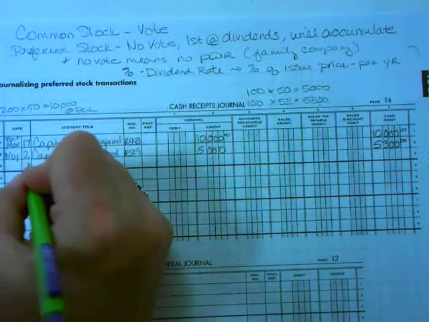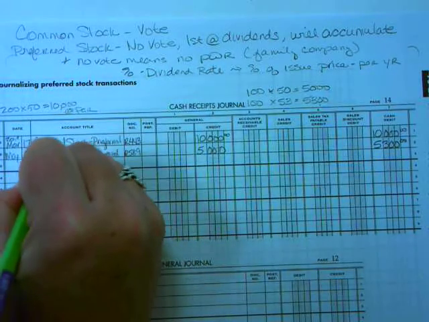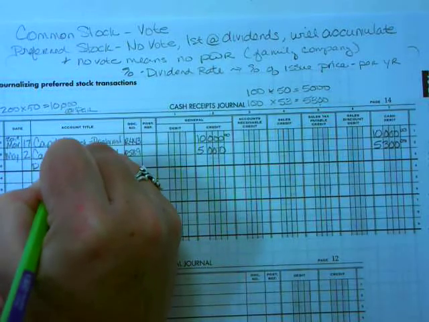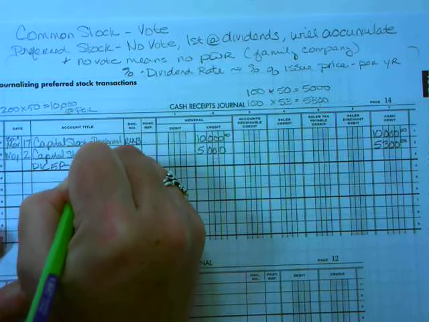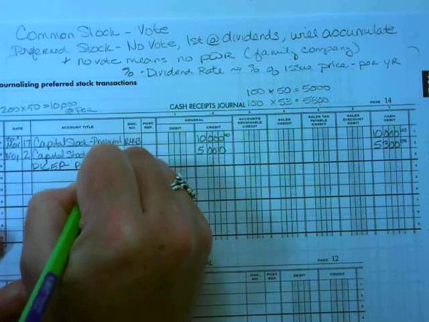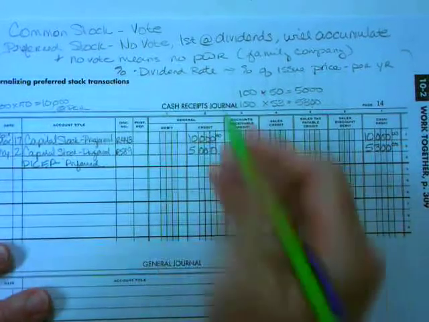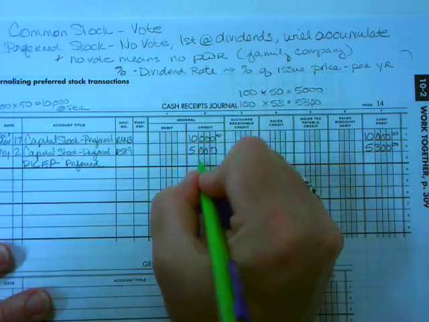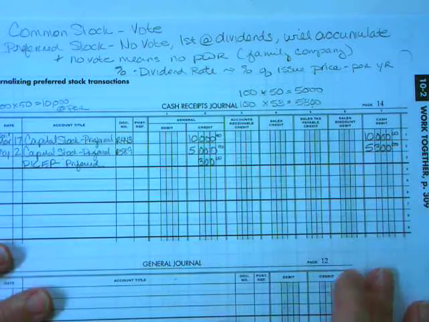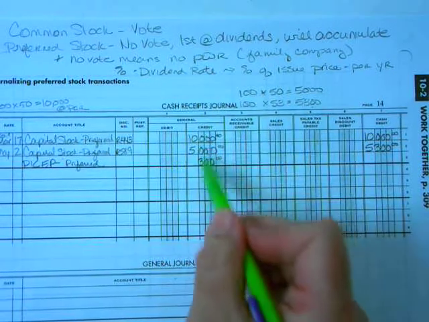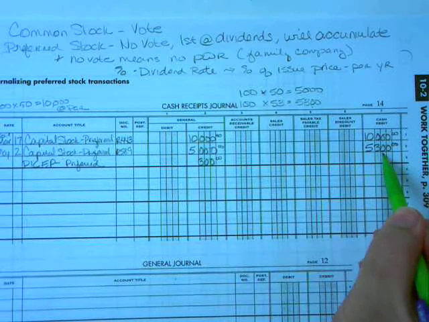And we're going to have the paid in capital in excess of par preferred for the 300. So our 2 credits equal our 1 debit.